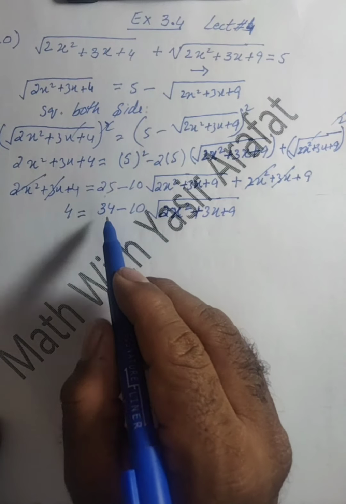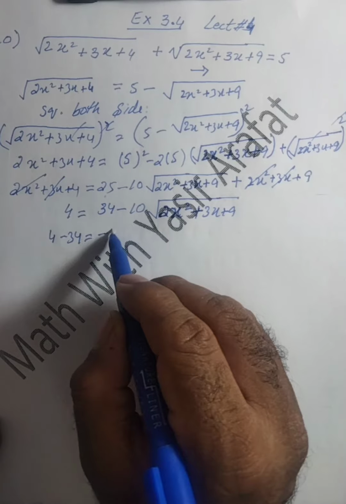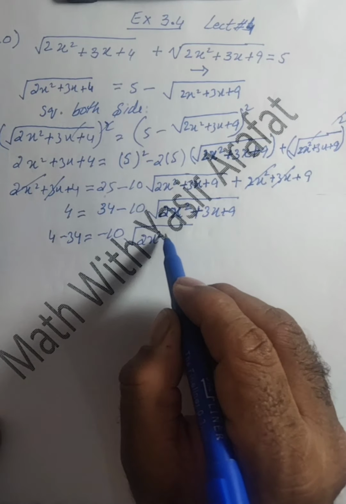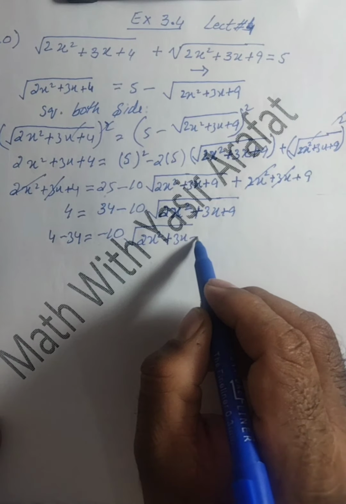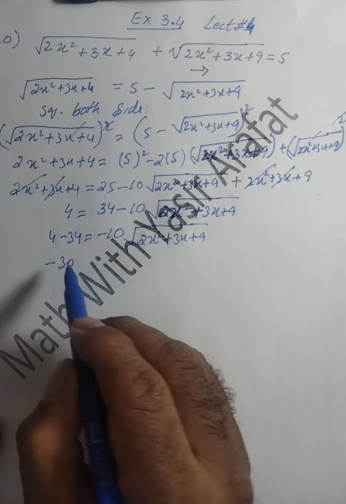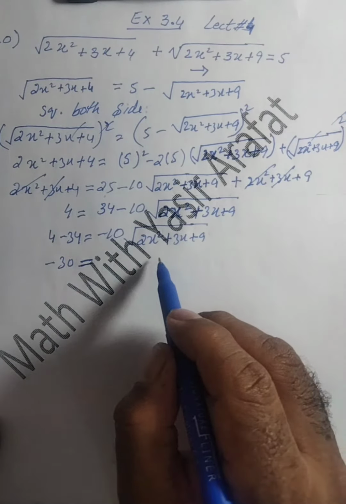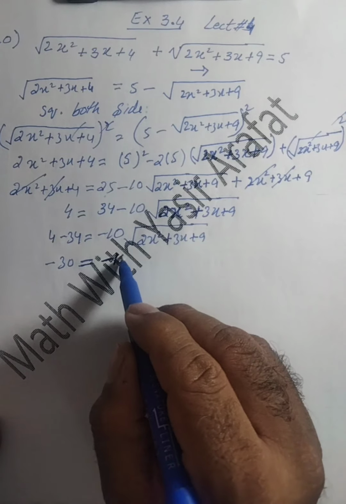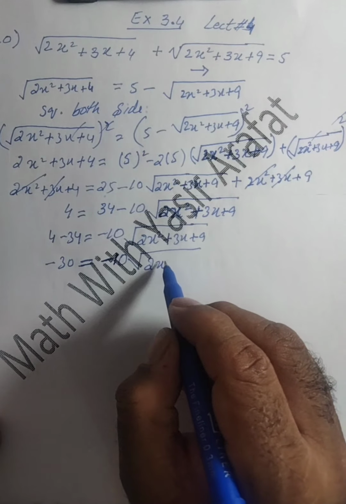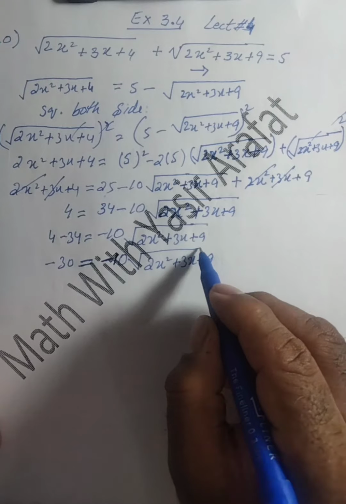We have to shift this 34 to the left hand side, that is minus 10 radical 2x square plus 3x plus 9, and this is minus 30, 34 minus 4, that is 30, and this is minus 10 in the radical 2x square plus 3x plus 9.